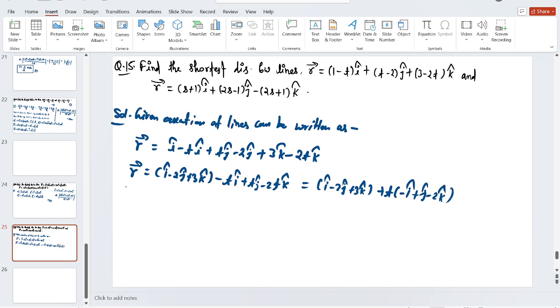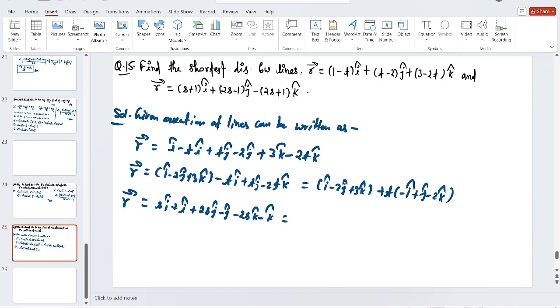Similarly, solving the other equation, you get vector r equal to: multiplying, this becomes s i cap plus 1 times i cap gives i cap, then 2s j cap minus j cap, and multiplying here, minus 2s k cap minus k cap.